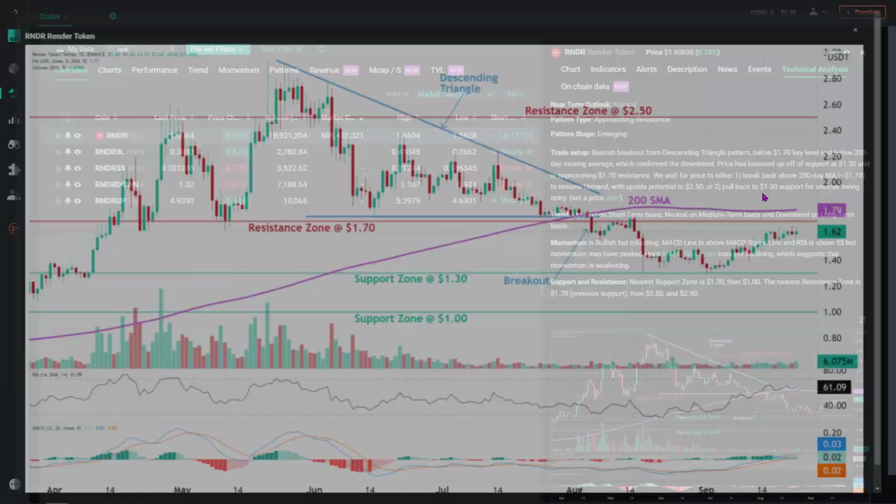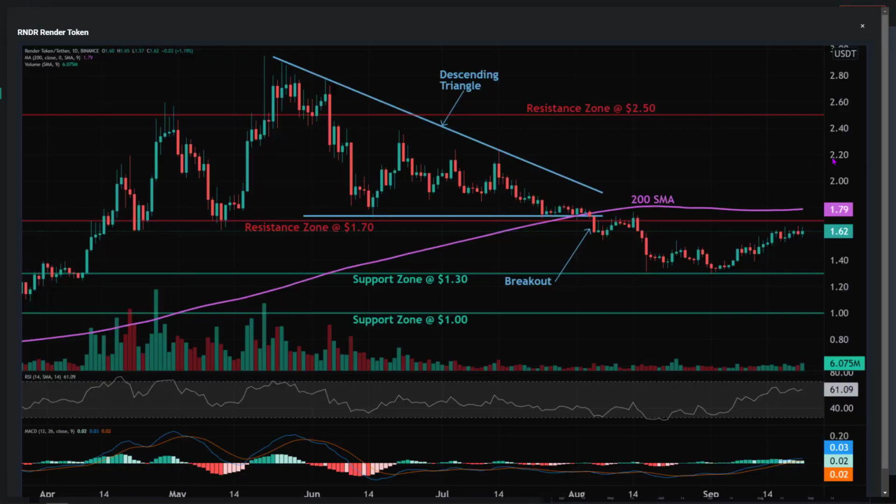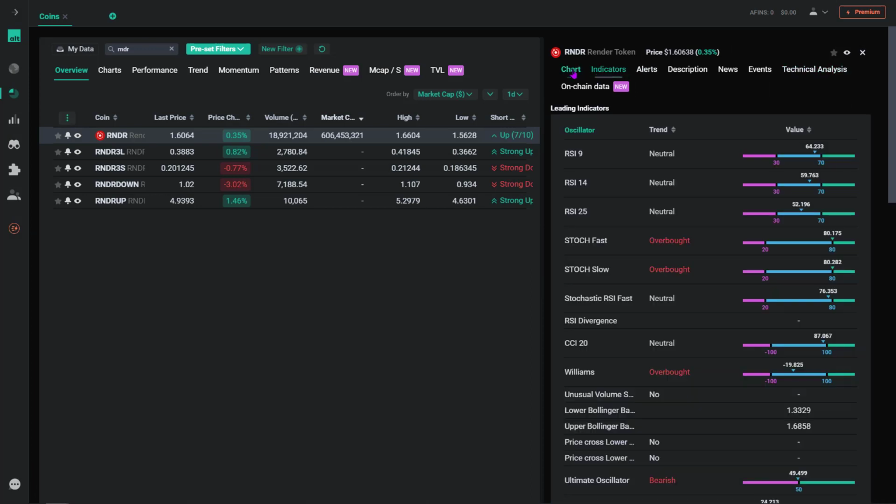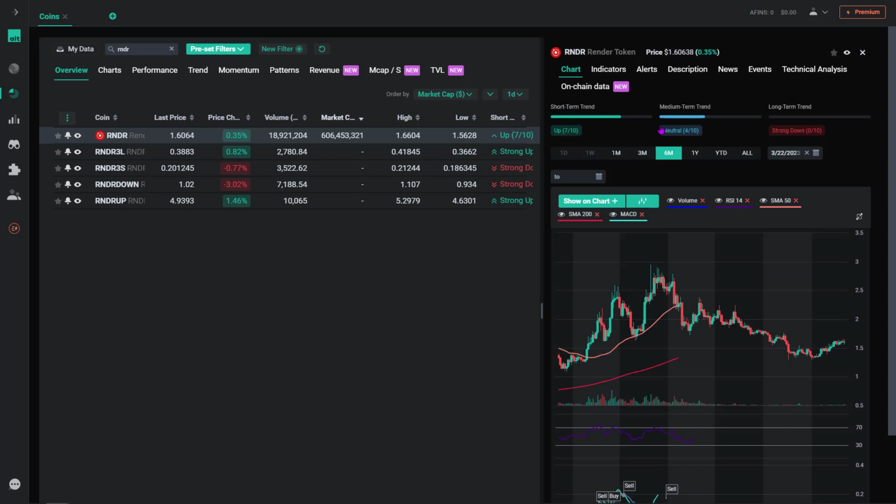So there's a couple of ways to get to the technical analyses. And here, obviously this asset is in sort of a mixed trend. It's an uptrend in the short term, neutral in the medium, and down on the long term.